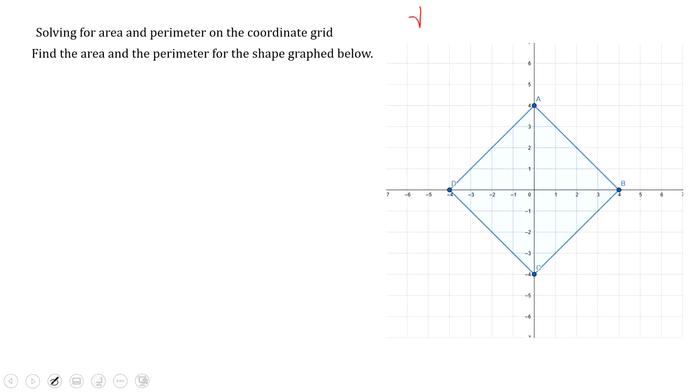The distance formula was the square root of x2 minus x1 squared plus y2 minus y1 squared. That's how you find the distance. So you'd have to find the distance between 2 of the points. It's all the same for each side. Then figure out the area and the perimeter. Enter the answer in Edpuzzle and come back and check how you did.